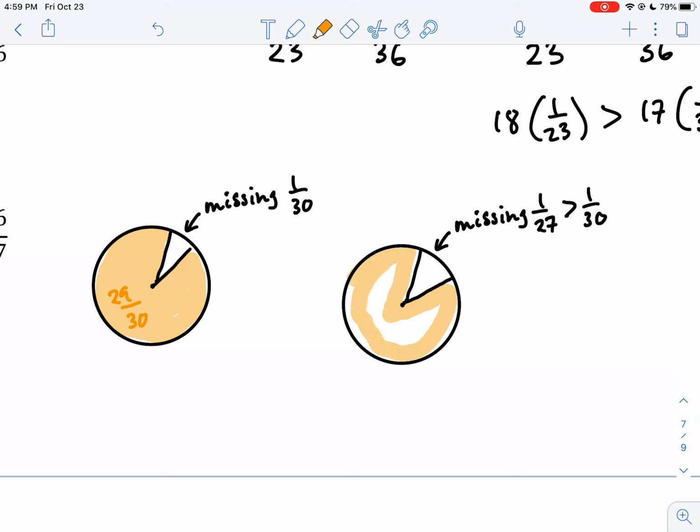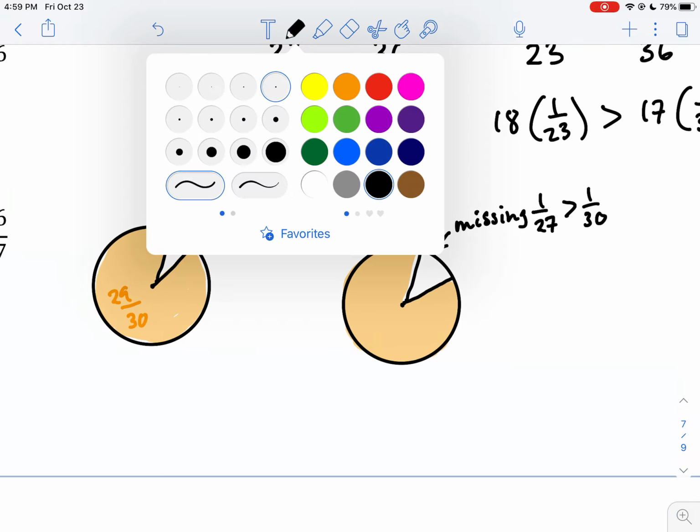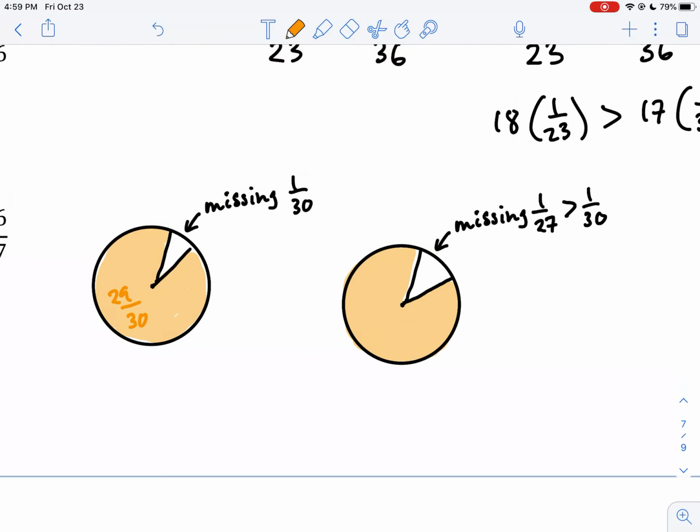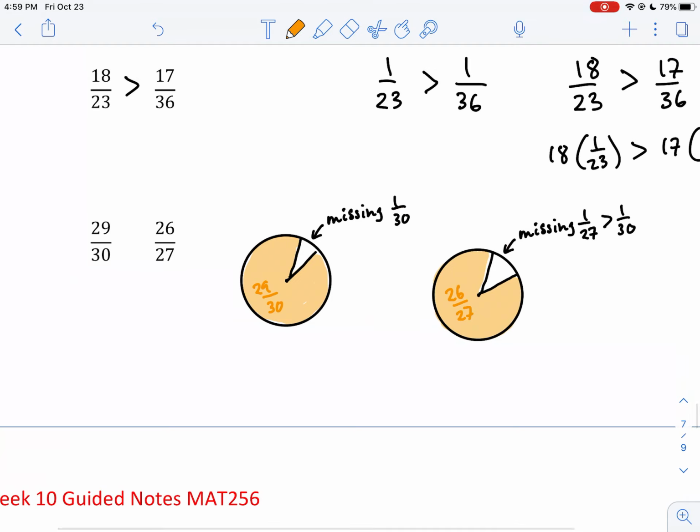Okay, so then what we have is everything here. So what we do have is 26/27. And keep in mind, we're comparing the oranges, the two parts that are in orange. Well, which one shades more than the other? Well, 29/30 shades more than 26/27.